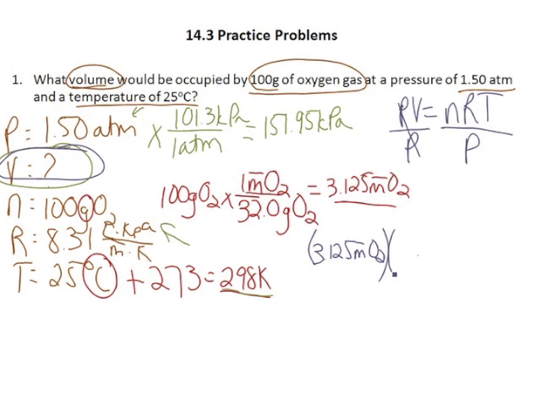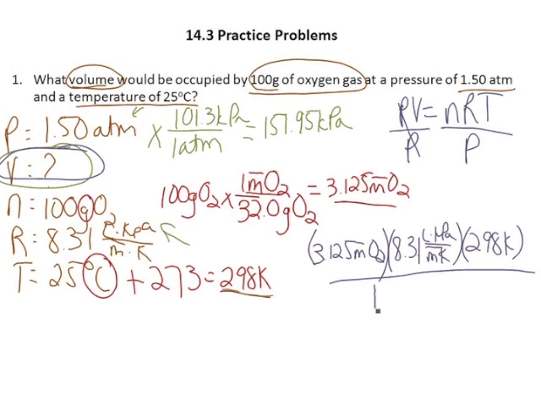Our R is 8.31 liters kPa over moles kelvins. Our temperature is 298 K. And our pressure is 151.95 kPa.